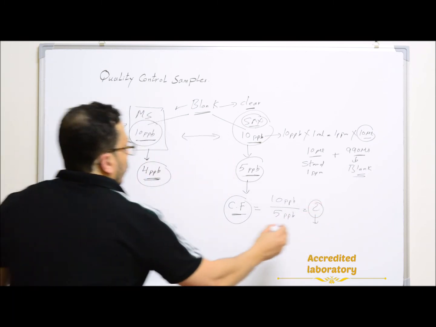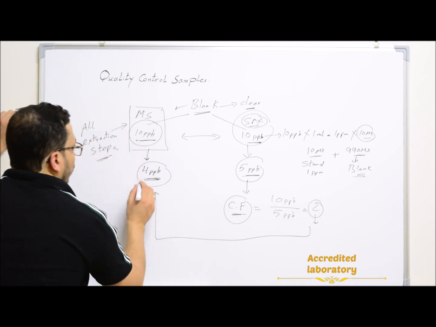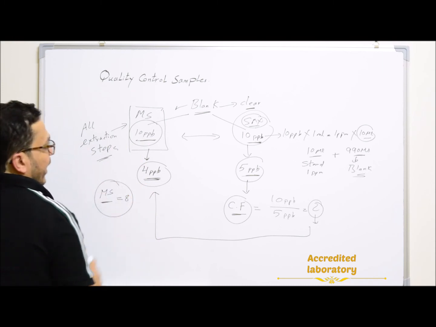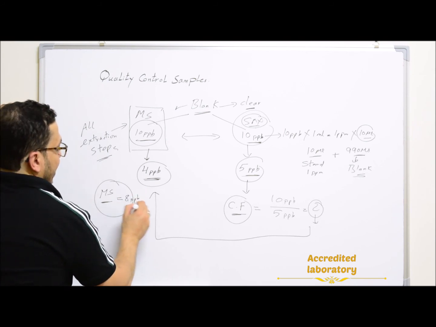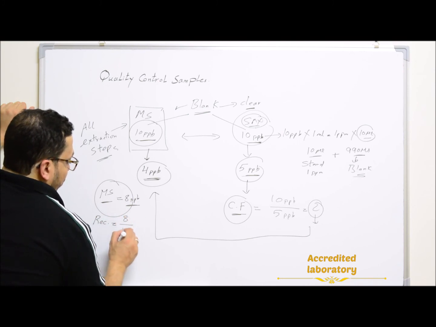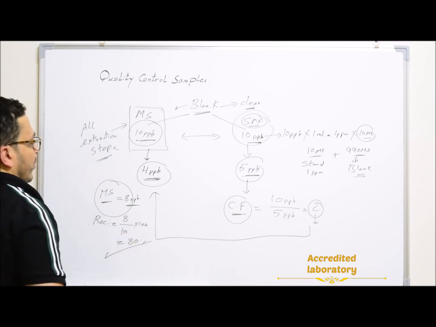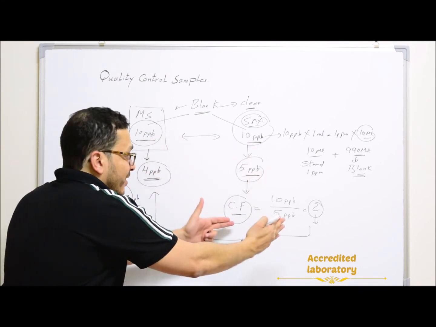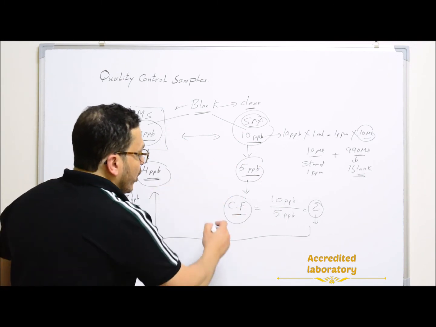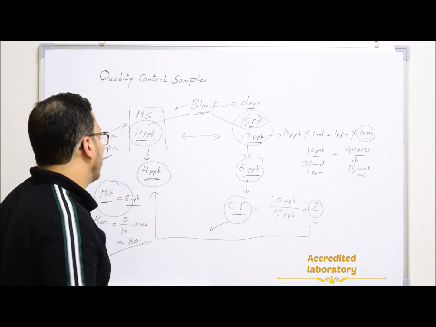This correction factor will be multiplied on this concentration: 2 multiplied by 4, so the real concentration for your spike equals 8 ppb. And your recovery equals 8 divided by 10 multiplied by 100, which is 80%. This is an accepted recovery. So now you remove the effect of matrix on your target analyte from every sample in this sequence by calculation of the correction factor that will be multiplied to the matrix spike and other samples too.